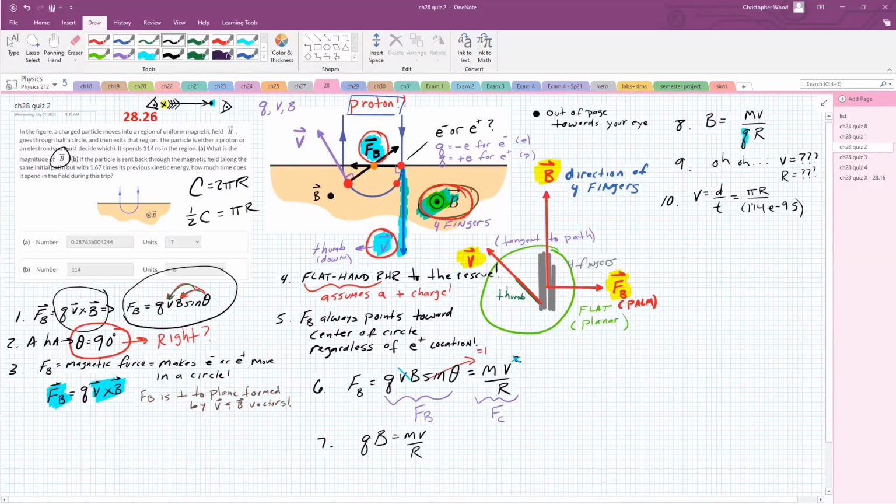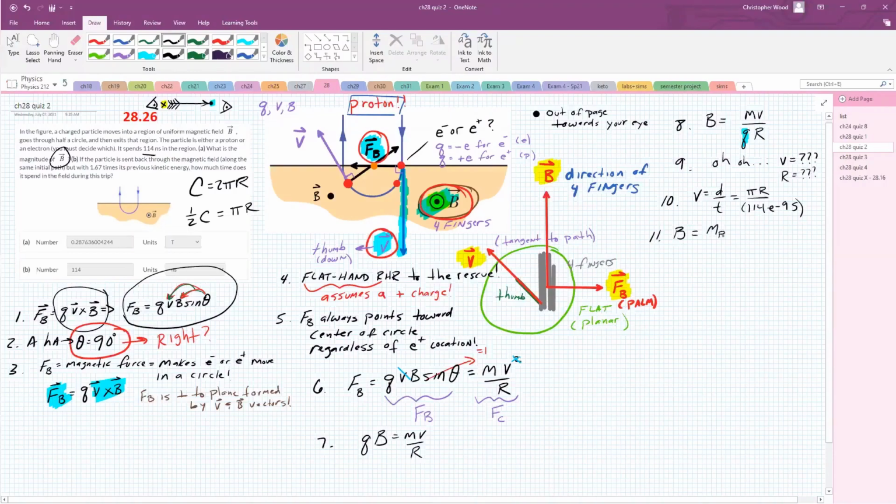Velocity is distance over time. Distance is half a circle. The time it's spent in half that circle is 114 nanoseconds. Let's go back. Here's number 8 again. B equals m, which I know.